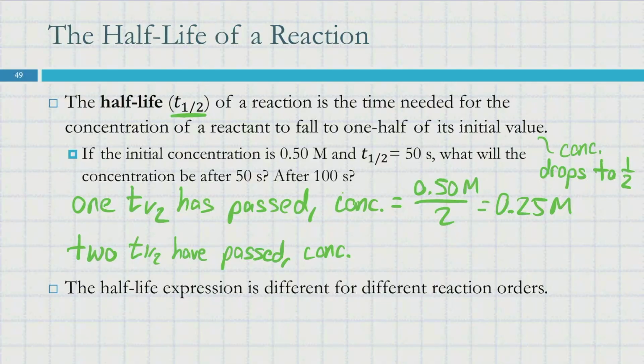We're cutting it in half for every sequential half-life. So we're going to cut it in half 2 times. We put 2 2s in the bottom. 0.125 molar. We cut it in half again.